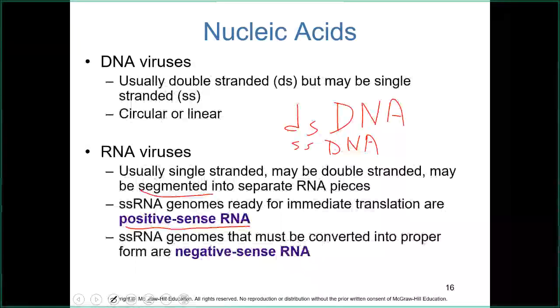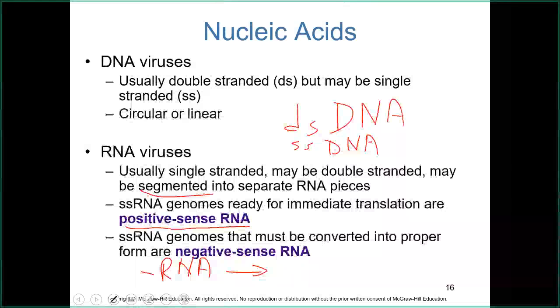And the coronavirus we're dealing with now is a positive sense RNA virus. Then there are negative sense RNA viruses. So what they do is they utilize enzymes that are present in a cell. They inject their negative sense RNA.